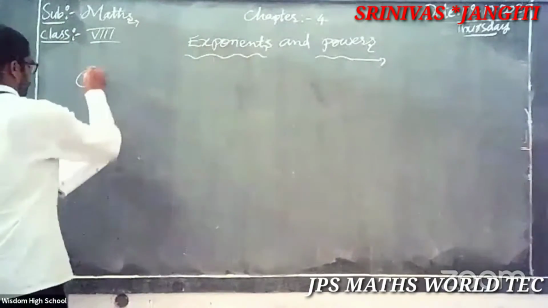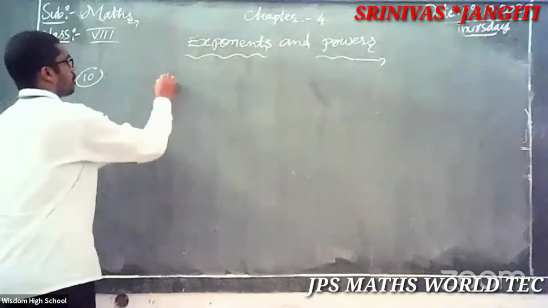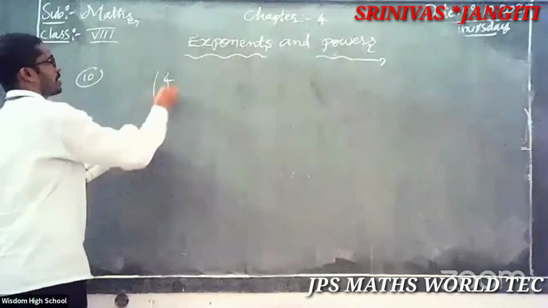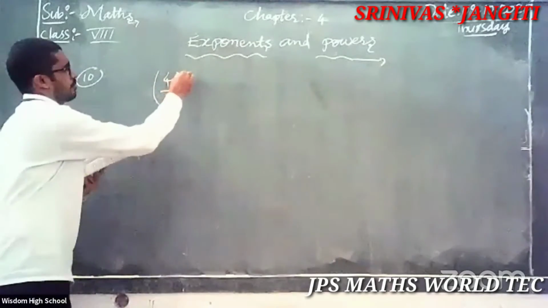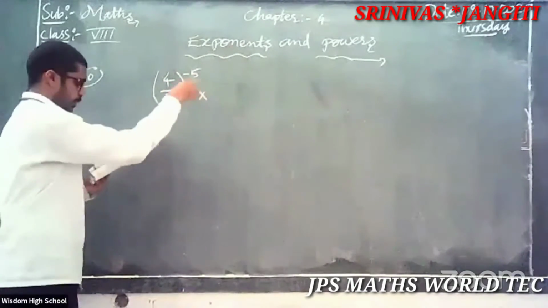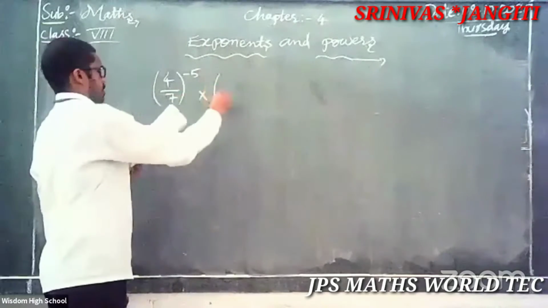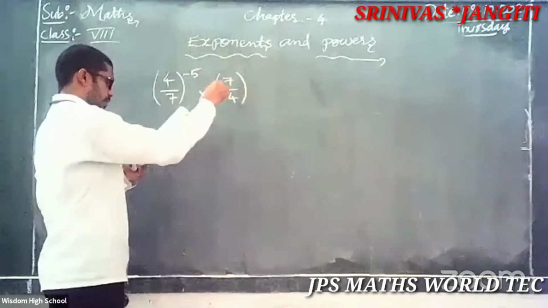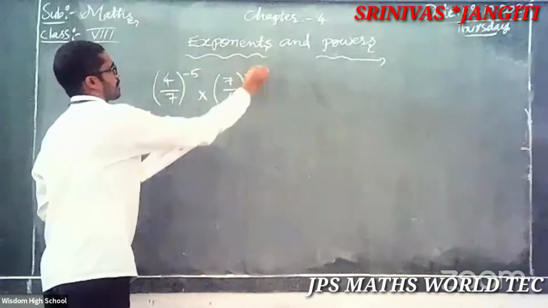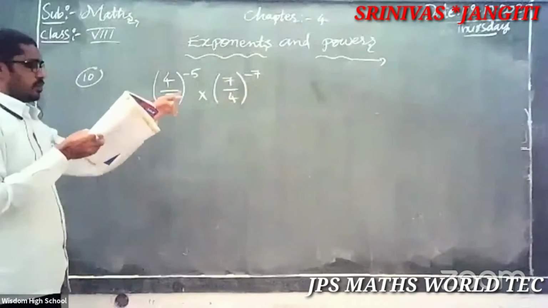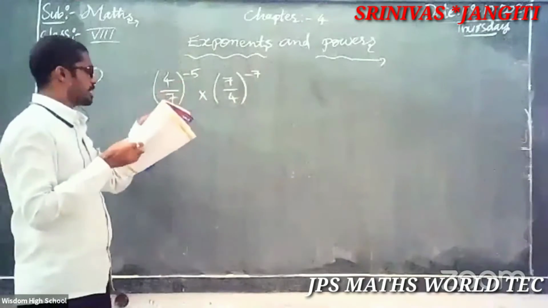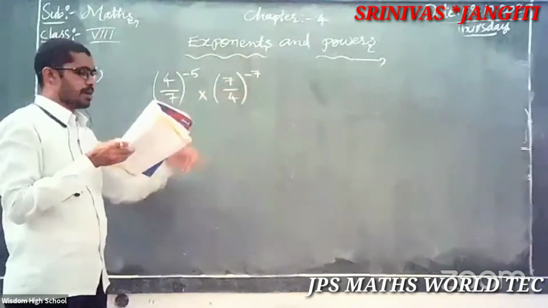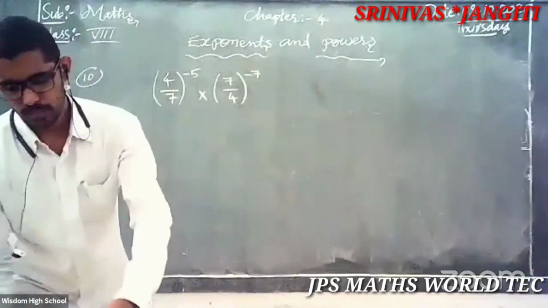Everybody observe. 4 by 7 all to the power of minus 5 into, what is given here? 7 by 4 all to the power of minus 7. Once again observe, what is given here? 4 by 7 all to the power of minus 4 into 4 by 7 all to the power of minus 7. This is the problem.